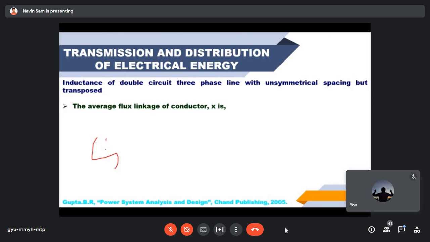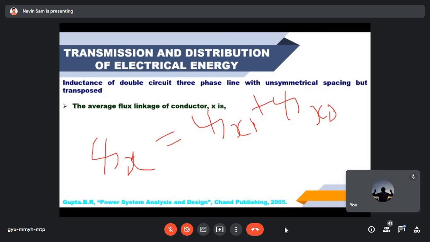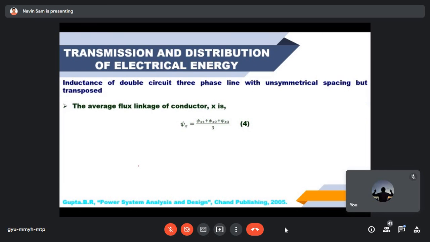If it is assumed to be psi X, it is going to be psi X1 plus psi X2 plus psi X3 divided by 3. So psi X is equal to psi X1 plus psi X2 plus psi X3 divided by 3.